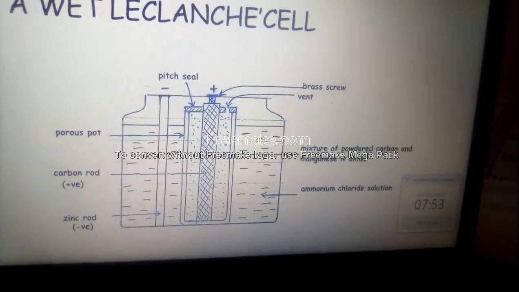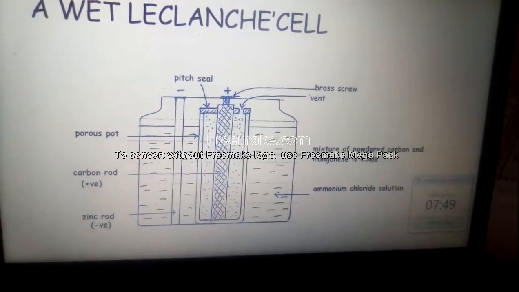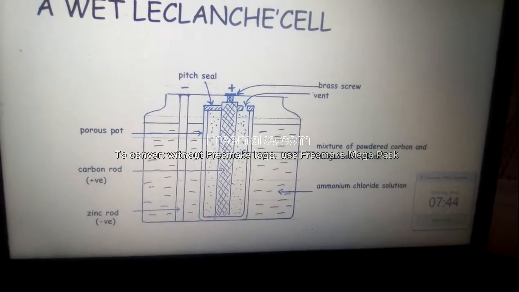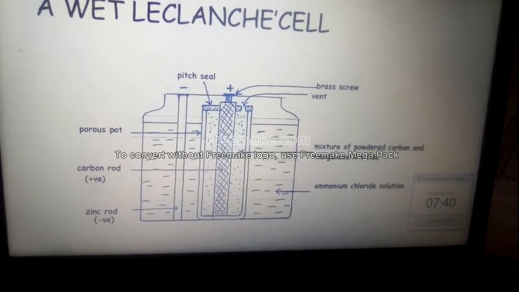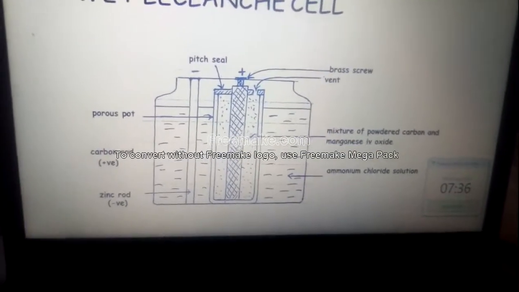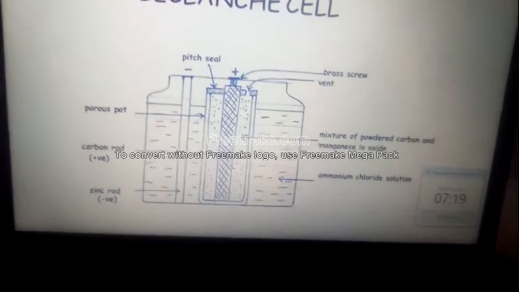Ammonium chloride jelly is found in a dry cell. So the reason why we call a wet Lagrange cell wet is because it has ammonium chloride solution which can pour out, whereas a dry cell is called dry because it has no liquid.